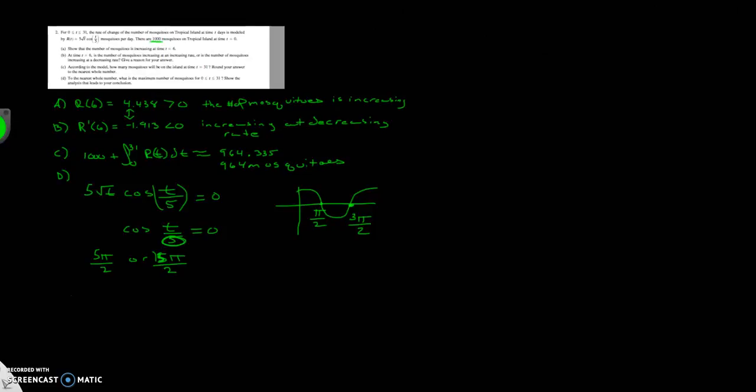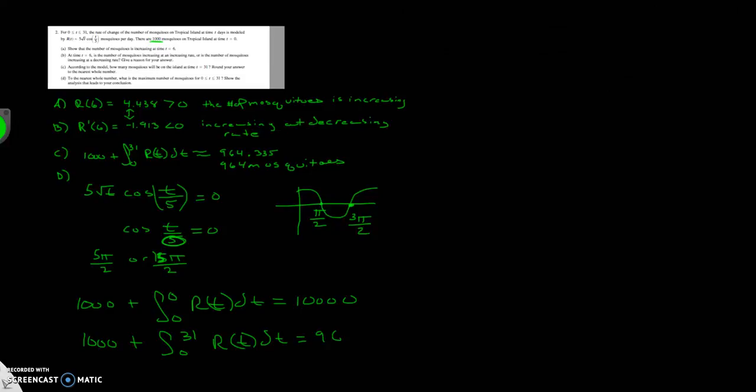So we know 1000 plus the integral from 0 to 0 of r(t) dt is equal to 1000. This question asks us for the maximum number. Okay, so that's a contender. We know 1000 plus the integral from 0 to 31 of r(t) dt is equal to 964. That's not it.